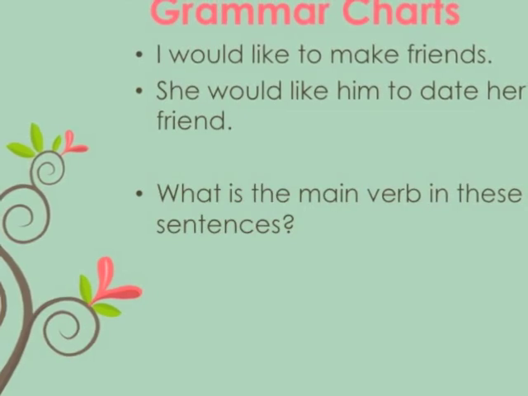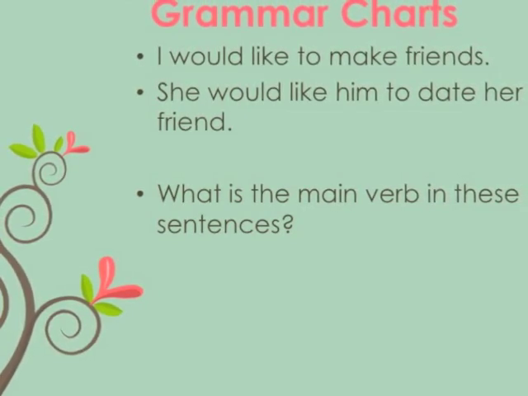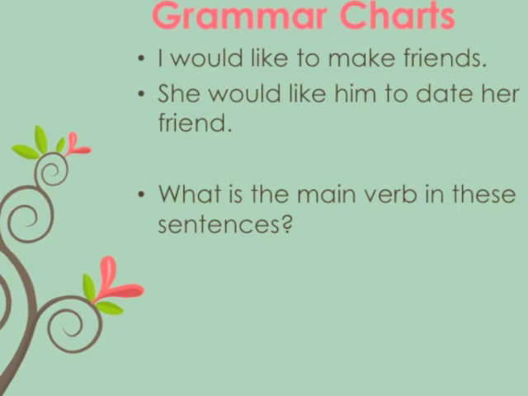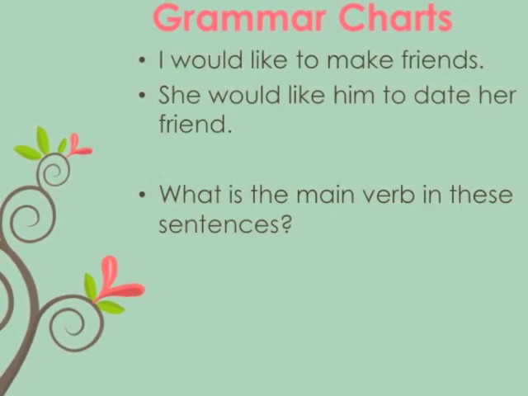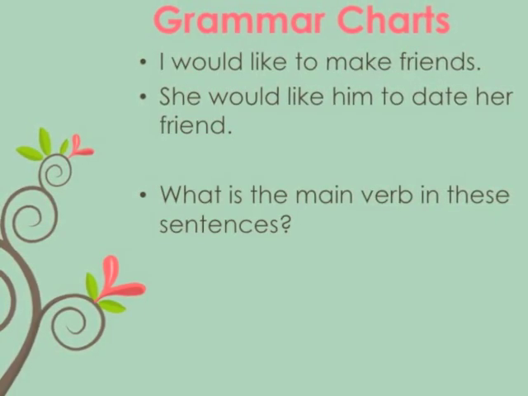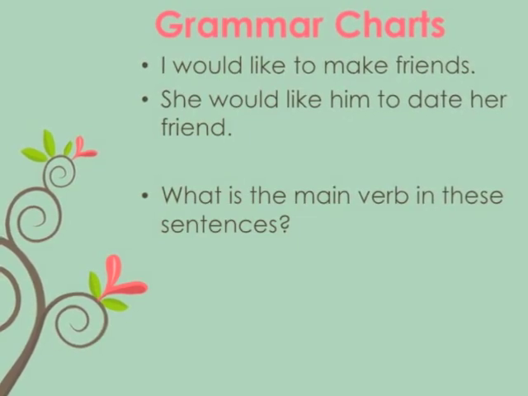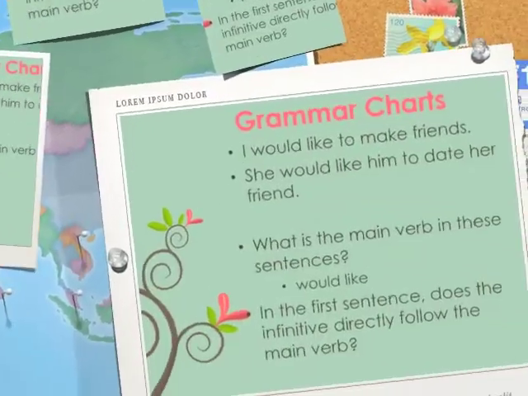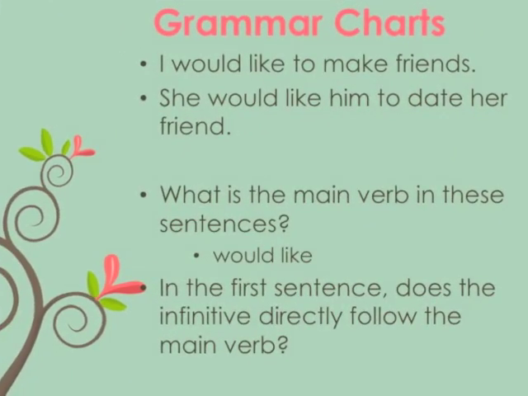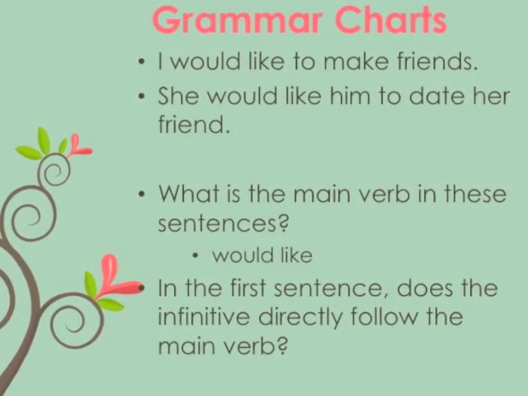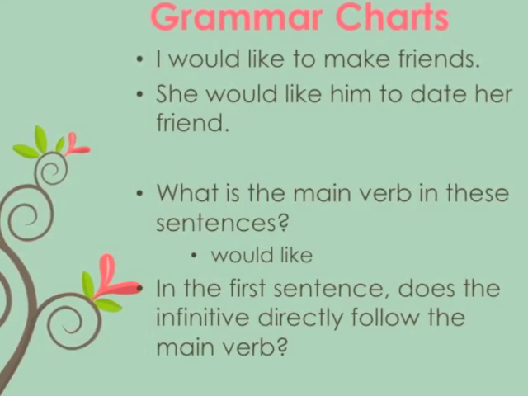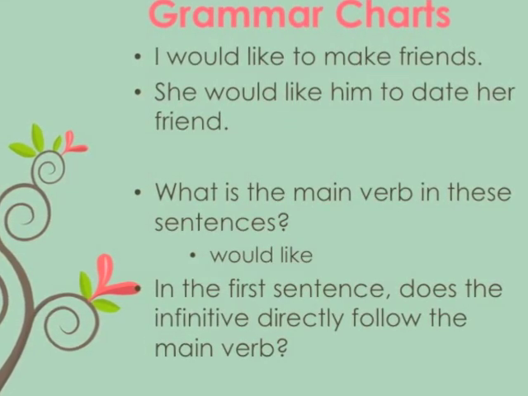Okay, so we have some more examples here. I would like to make friends. She would like him to date her friend. Go ahead and figure out the main verb in these two sentences. For both of the sentences, the verb would like is the main verb. So let's look carefully at the first sentence.